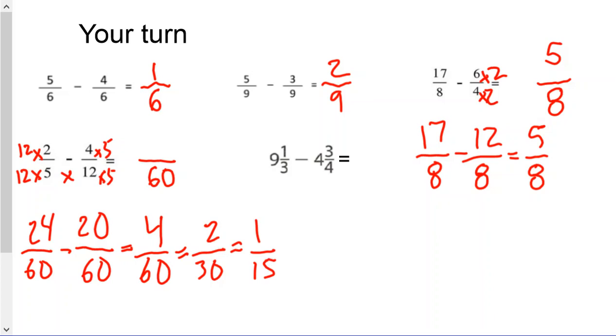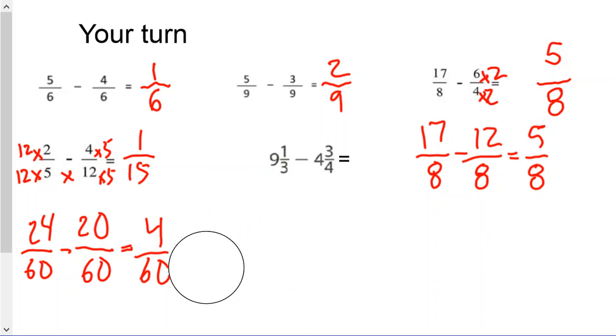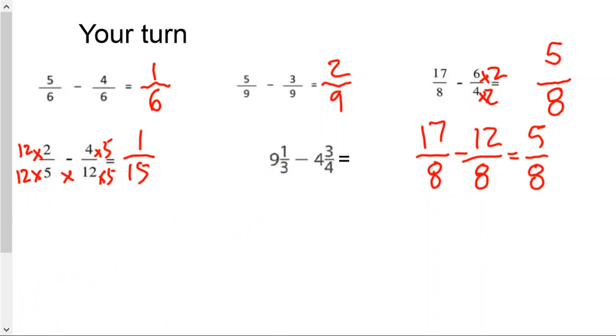So our answer is going to be 1/15. Okay. You might not have simplified and kept it as 4/60, but 1/15 is the most simplified answer.